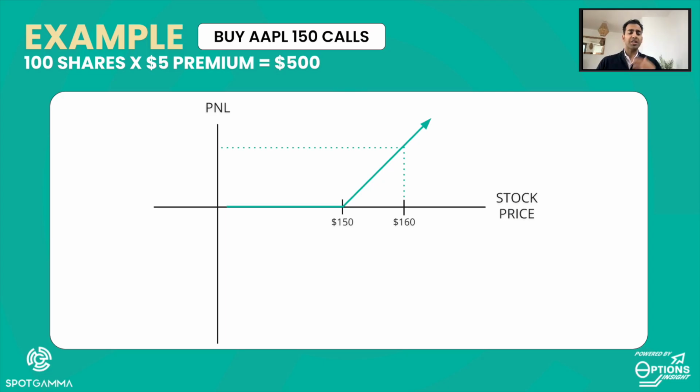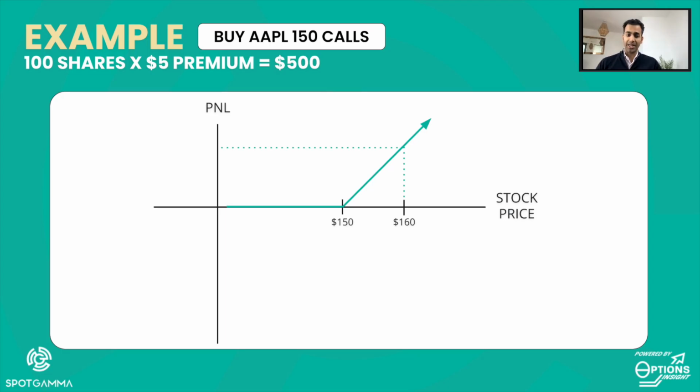As we have seen before, if we were just buying 100 shares at a price of 150, that would cost us $15,000. In the case of this call option that's just costing us $5, we're only having to spend $500 to buy it. That is a lot less money than the $15,000 that we were going to have to spend before.